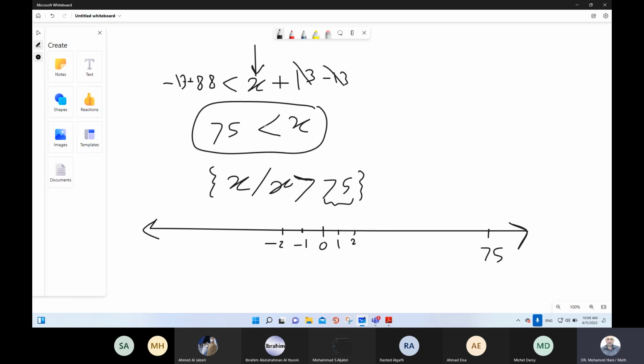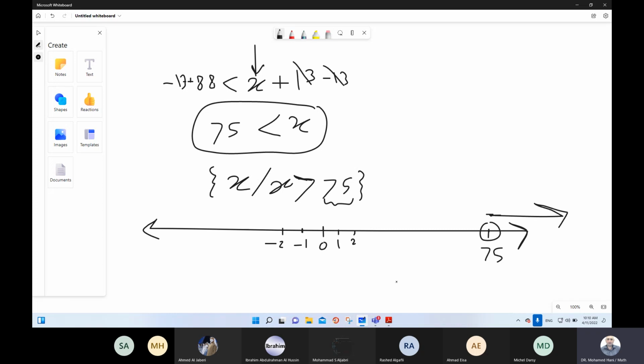Now, as you see, the sign doesn't include equals, means draw an open circle. So the direction now: 75 less than x, or x greater than 75. Greater than 75 means 76, 78, 90, 100, 1000, etc. Means the direction to the positive side.